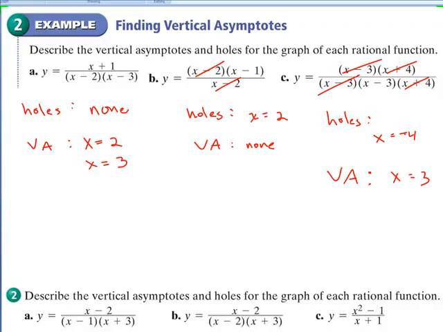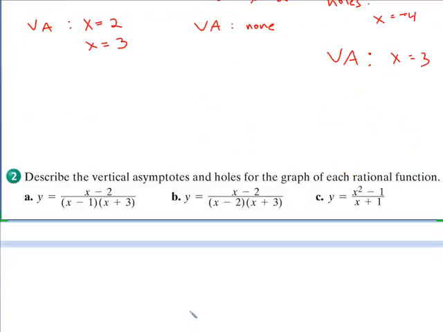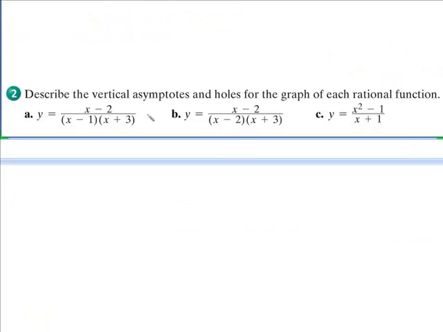So real quick, let's just find any more holes and vertical asymptotes for these problems here. Over here everything's factored out, and nothing cancels, so no holes. Vertical asymptotes at x is equal to 1, because that'll make 0, and at x is equal to negative 3.